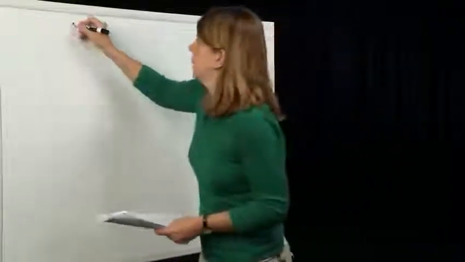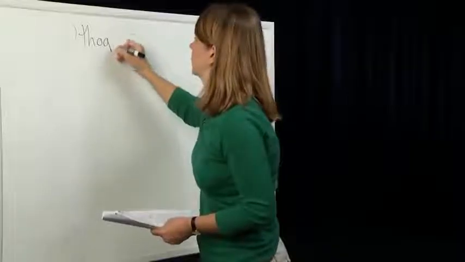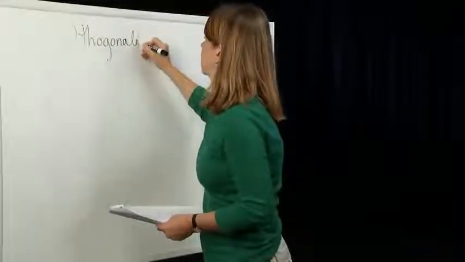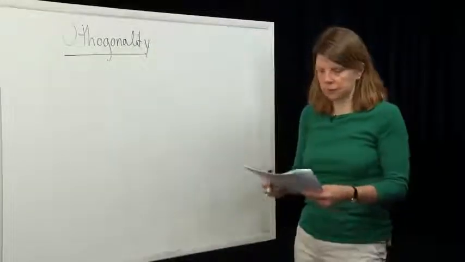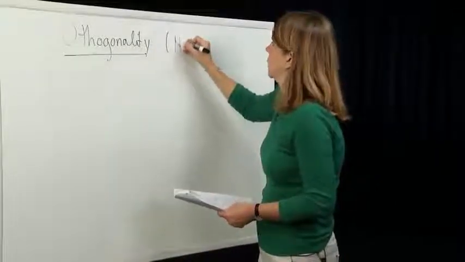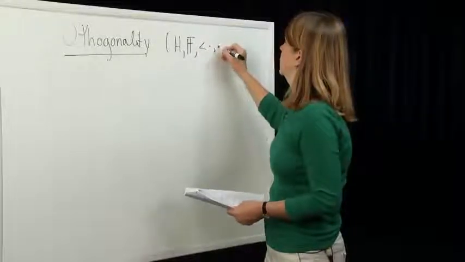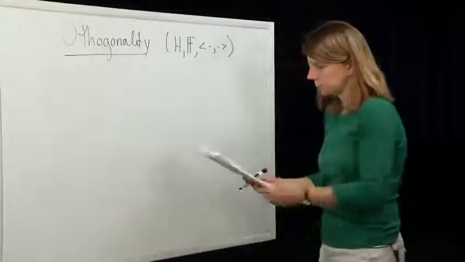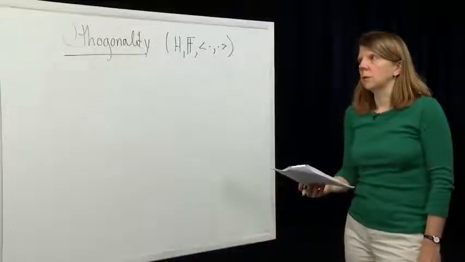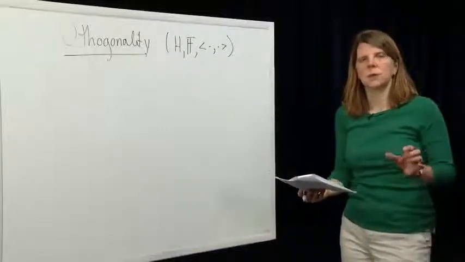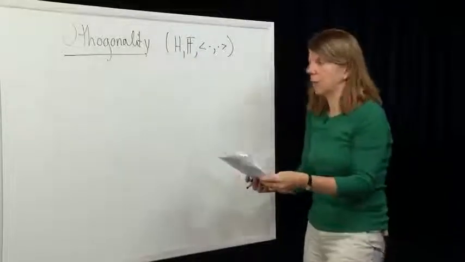Okay, so we'll start by looking at orthogonality. And as before, we'll start with our Hilbert space. We'll call it H over the field F endowed with an inner product. So this is our Hilbert space. And we define orthogonal, first of all, between vectors in the space H as follows.